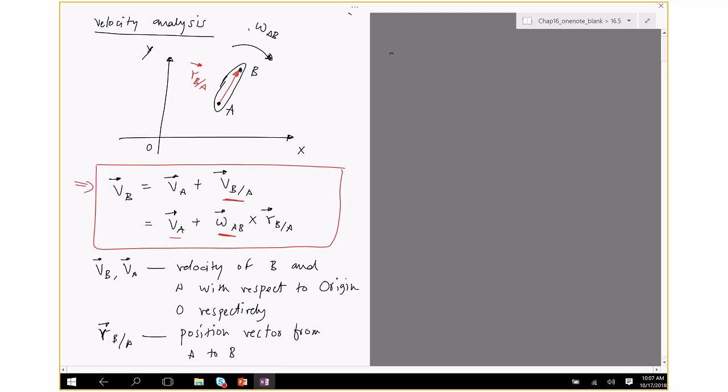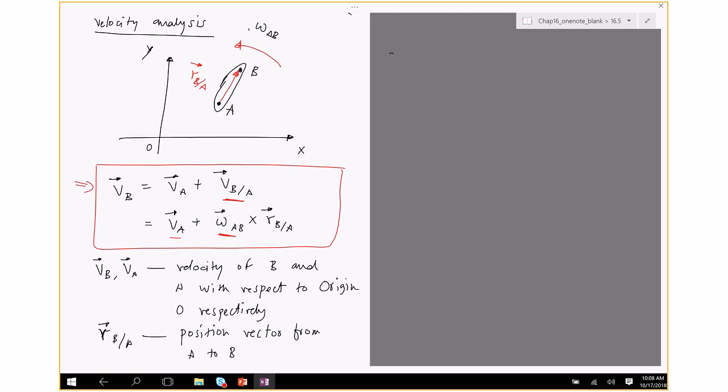For example, if the body is, actually I should put this counterclockwise. So counterclockwise is positive, clockwise negative. In this case, counterclockwise, if you curl your fingers along the direction of the arrow, your thumb gives the direction of the vector. In this case, it's pointing in the k direction or the z direction.